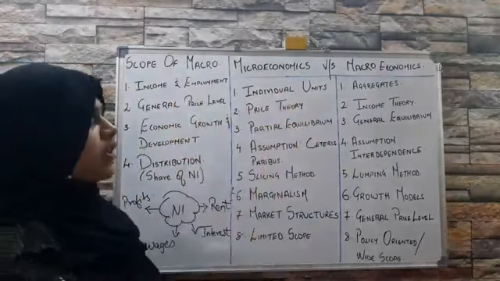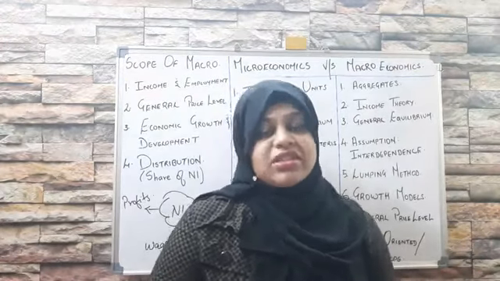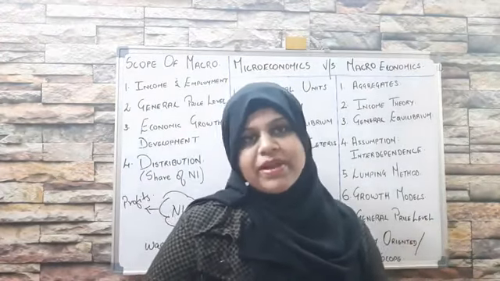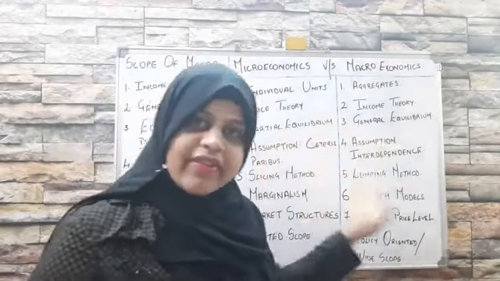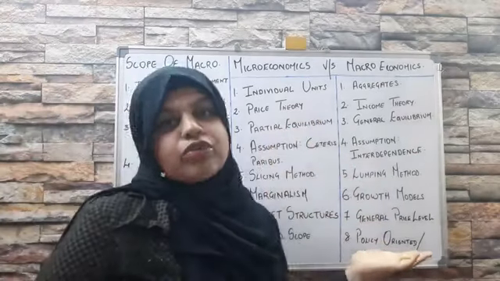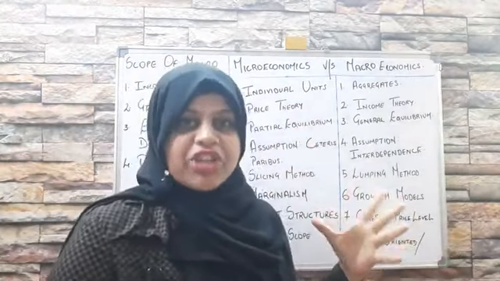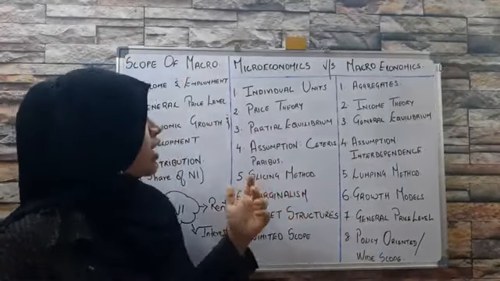Now we move further to compare or to distinguish between microeconomics and macroeconomics. The reason I have taken these two together is that it will be easier for you to learn it as a distinguished answer. It will be convenient for you. Okay.